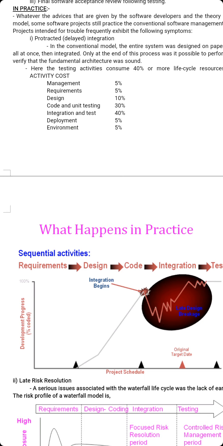Coding and testing 30%. Like that, your environment is also taken into consideration. Environment also takes 5%. If management, requirements, design, everything are in the right manner, then our 100% success is received. If not, our project is failed.